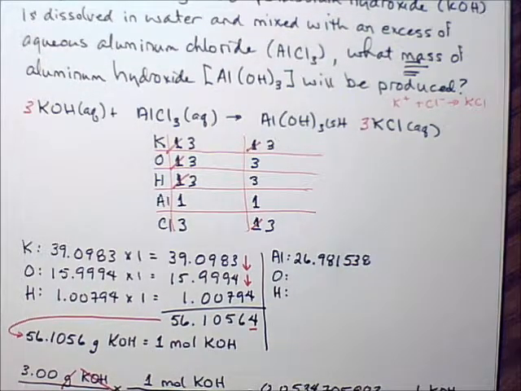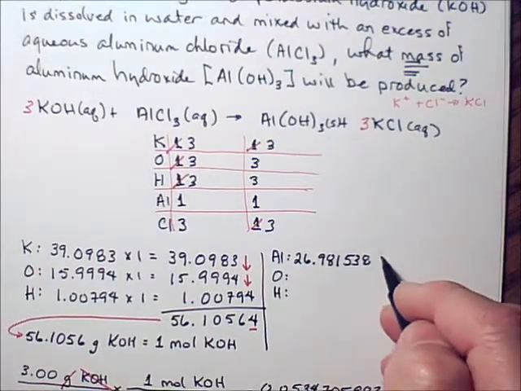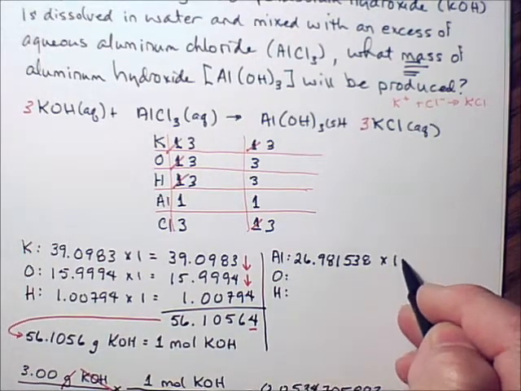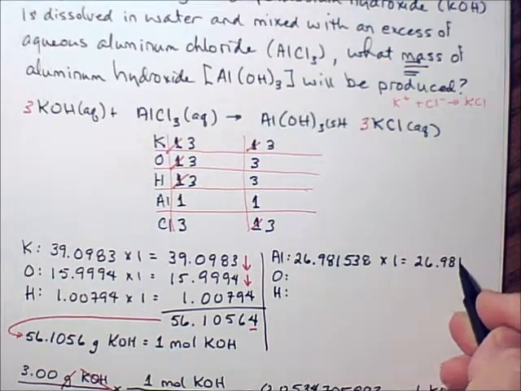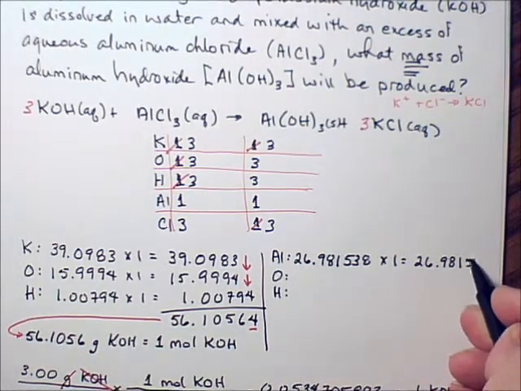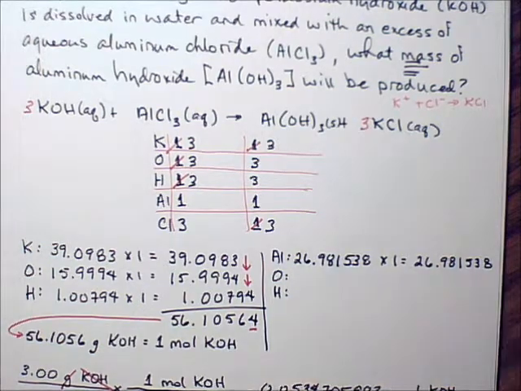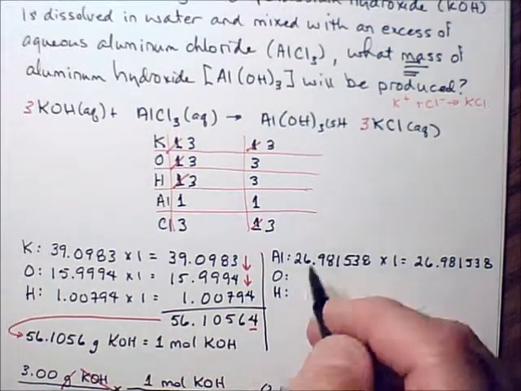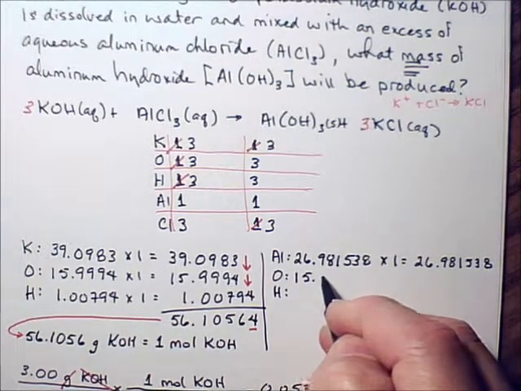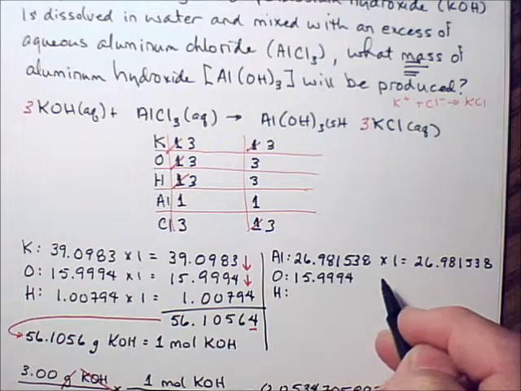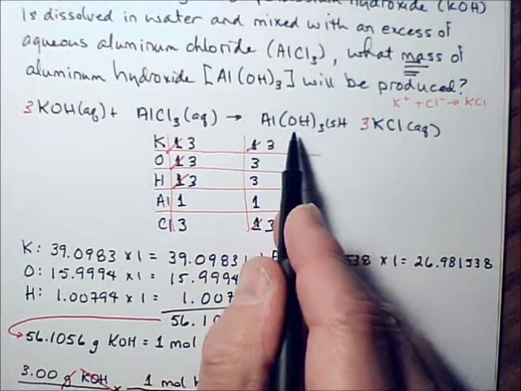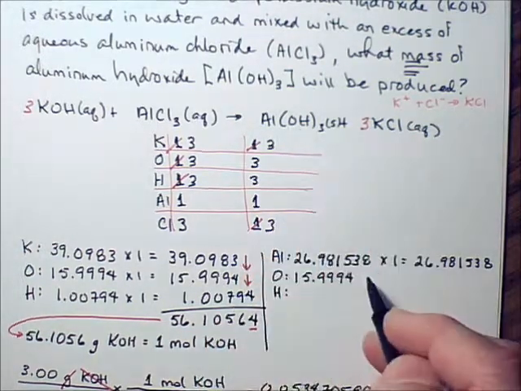How many aluminums in the formula? 1. And the atomic mass for oxygen, 15.9994. And we have how many oxygens in aluminum hydroxide? 3.